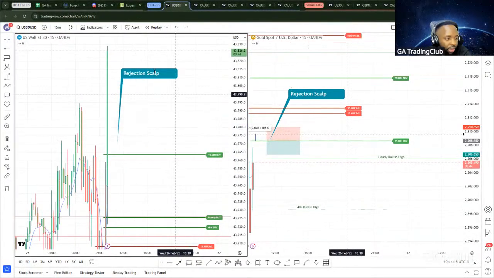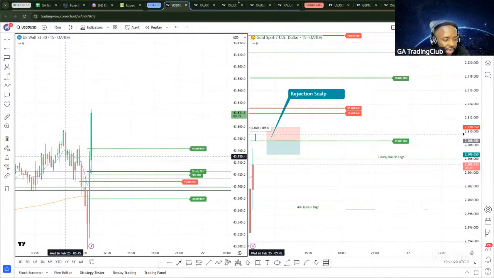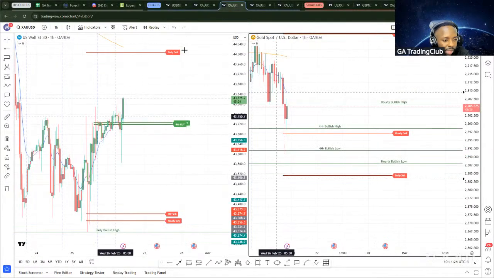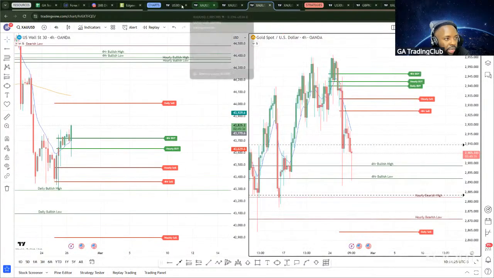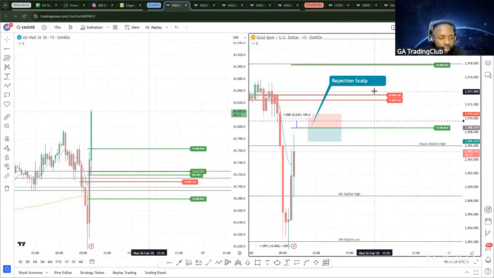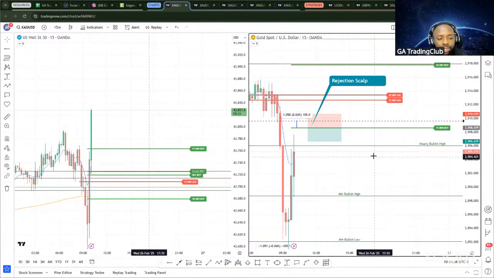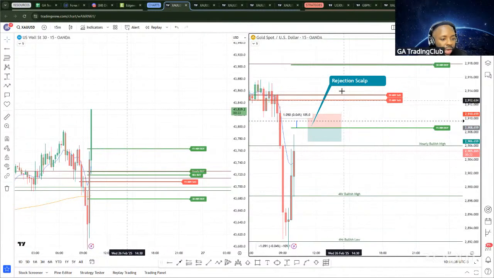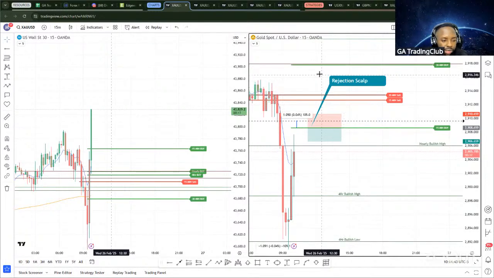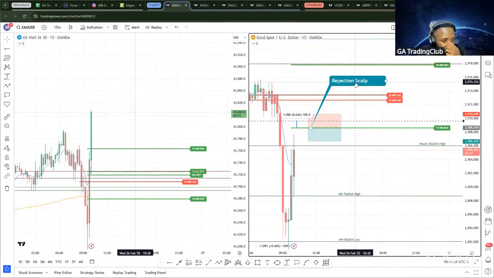All right, so again for these, I'll try to forward test as many as I can during the live session. But primarily, my entries are on the hourly, 4 hour, and daily. That's what I'm taking on my main account. So these rejection scalps are just forward testing and seeing how the trade would have gotten filled, until I'm able to see the best entry for them. Because again, a 20-point stop loss and TP is pretty low for US 30, and $2 stop and TP for gold is pretty low as well, especially during the New York session.